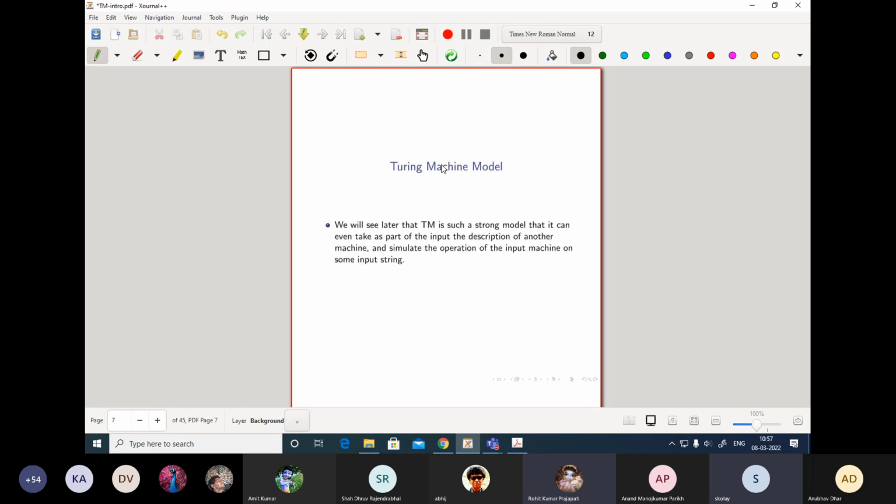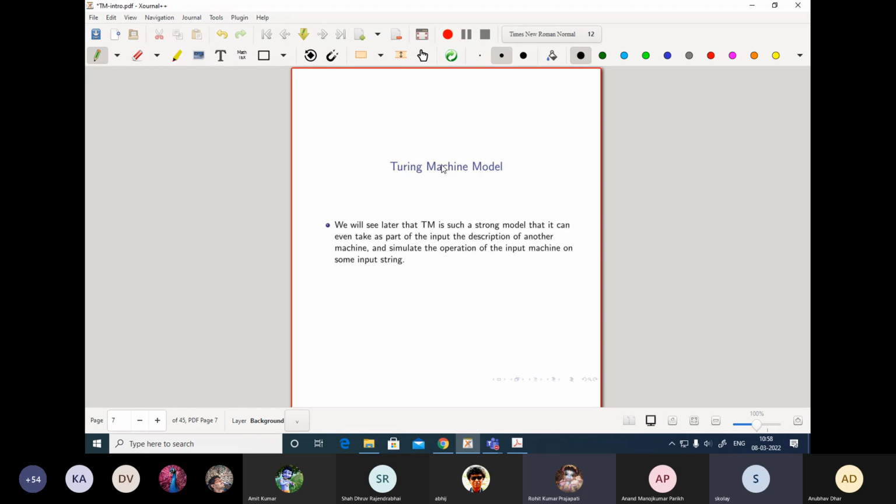In particular, which we will see later, you can design universal Turing machines, meaning a machine that can simulate the following. Let's say you have a particular Turing machine M, which takes in inputs.